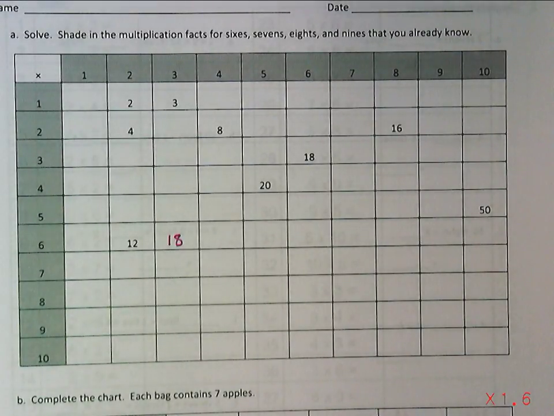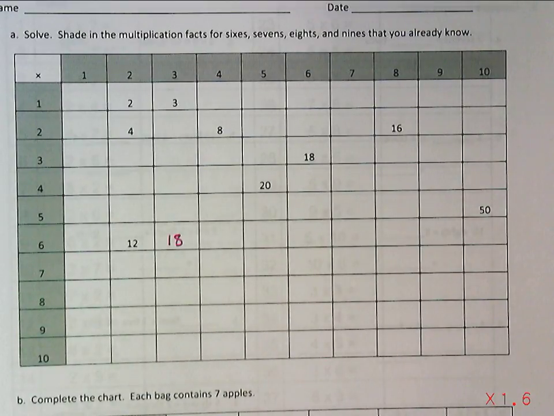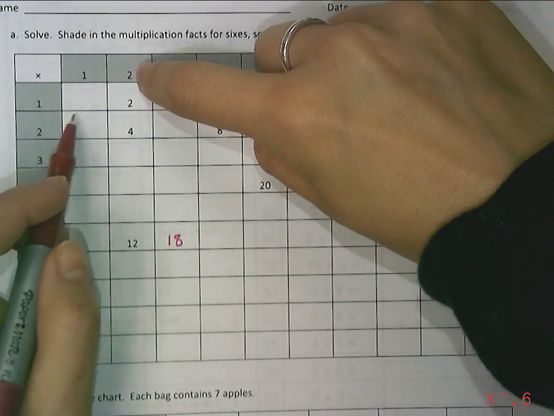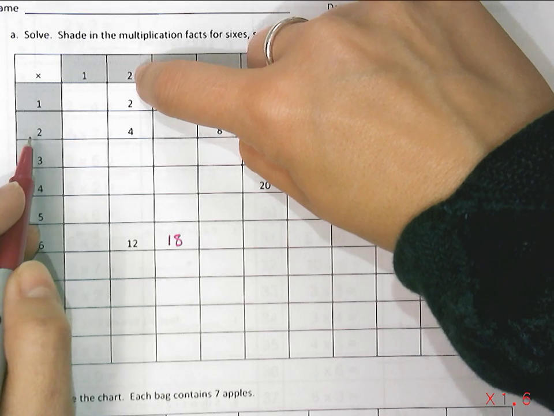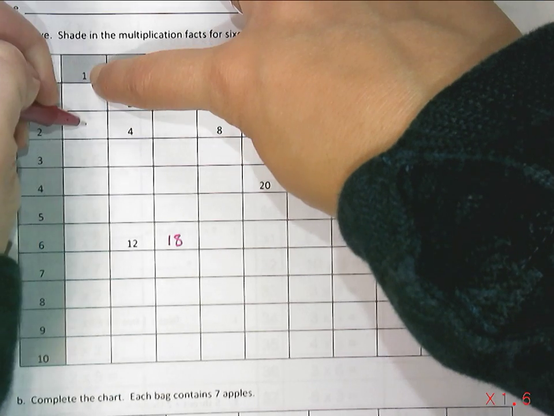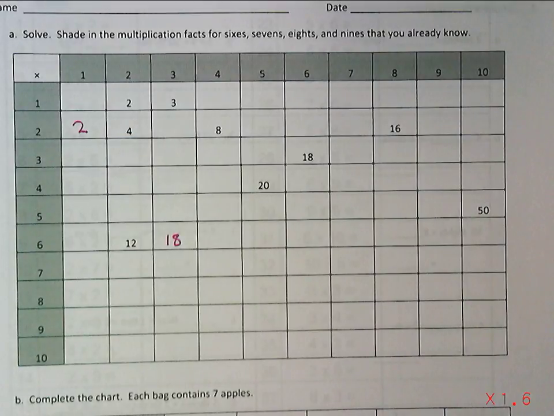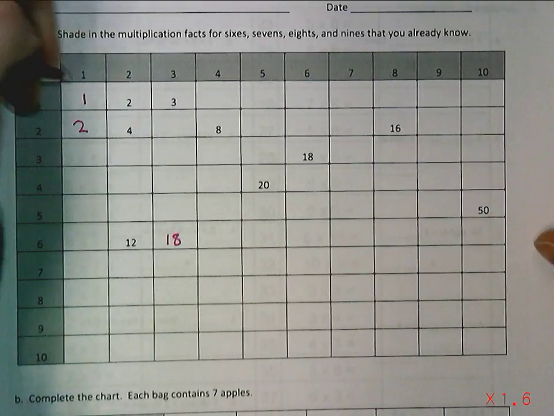We can use the commutative property to solve most of our facts in the products of our chart. So let's start writing in some products. If we know that 1 times 2 is 2, then we must know 2 times 1 is 2. That's a product we already know. We also just know 1 times 1 is 1.